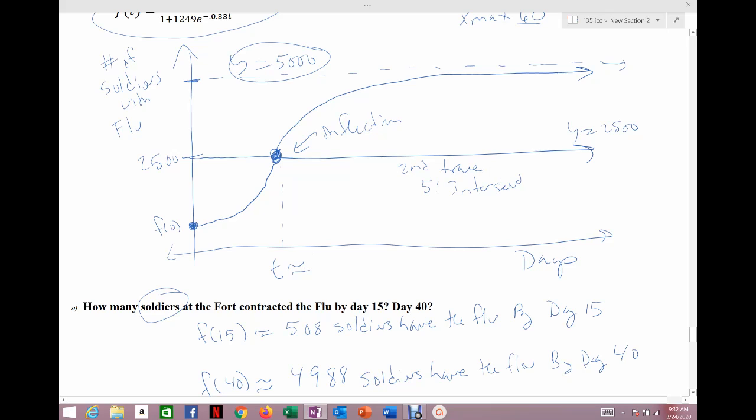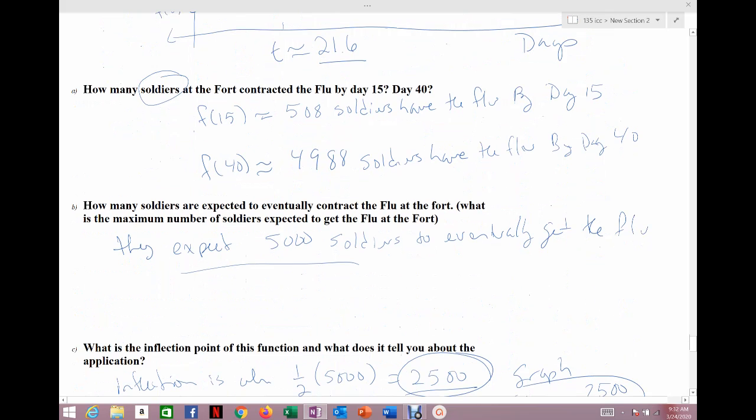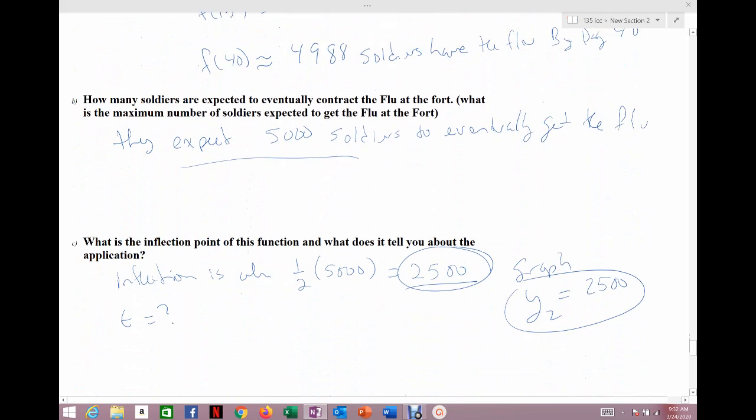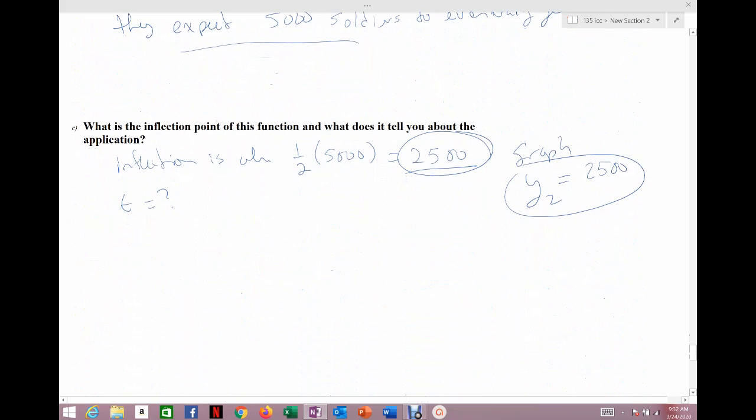It comes out to 21.6 is when it happens. So 21.6 days into the flu epidemic, we reach our inflection point. 21.6 days is when 2,500 people, our soldiers, will have gotten the flu.